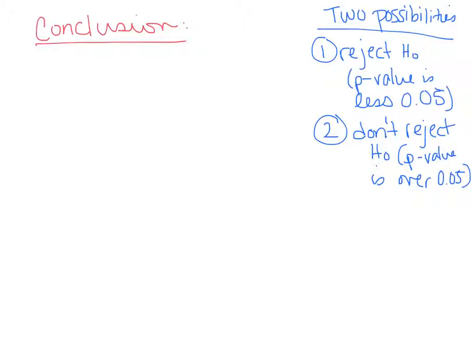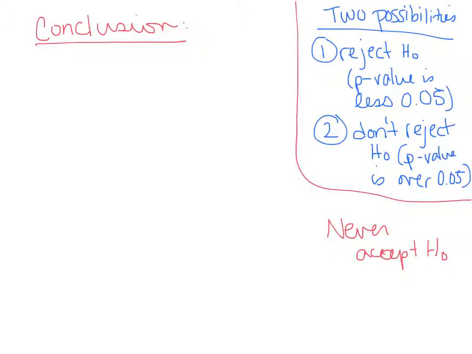By the way, I'm just going to comment that you should never say you're going to accept anything. You're never going to accept the null hypothesis. So you can't accept it. We don't have evidence enough to do that. We can't be 100% certain about anything. But we either are going to reject it or we're not going to reject it.